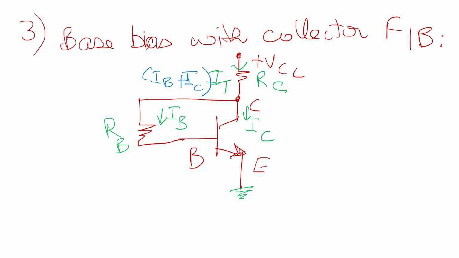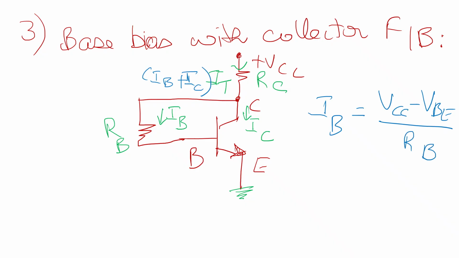Now we'll try to write the base equation for IB. IB is equal to VCC minus VBE divided by RB. Let's assume that IC is very much greater than IB, then the collector voltage VC will be equal to VCC minus ICRC.